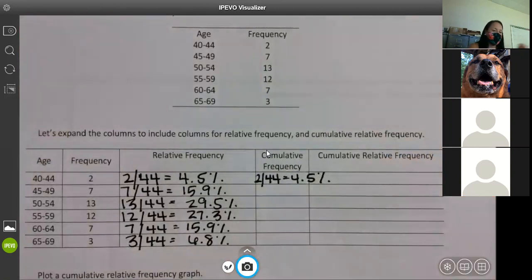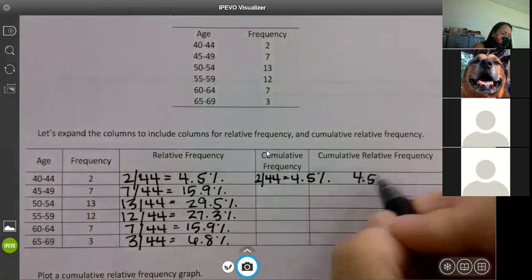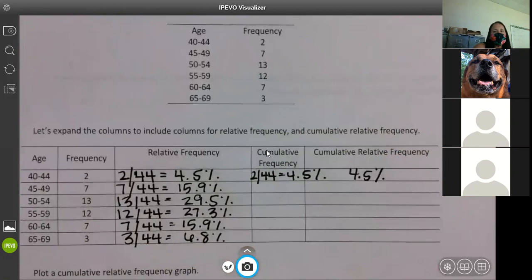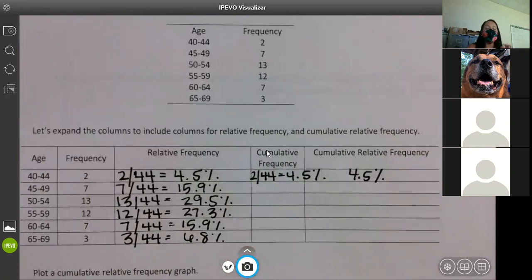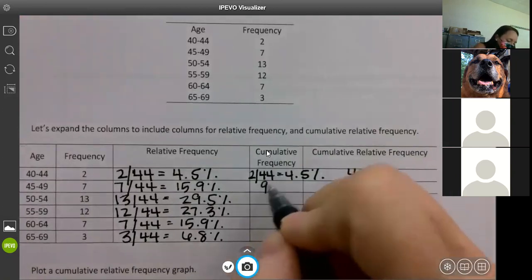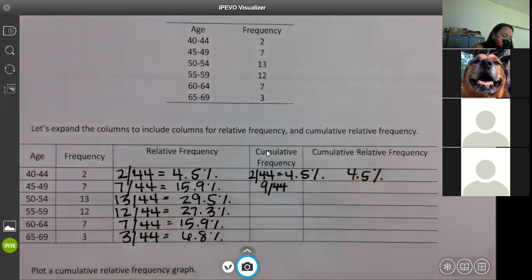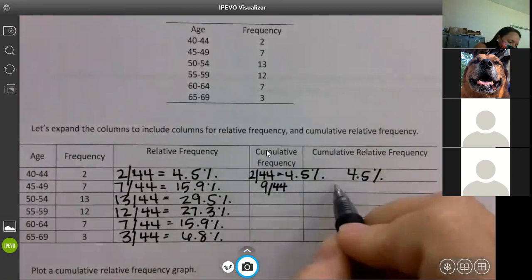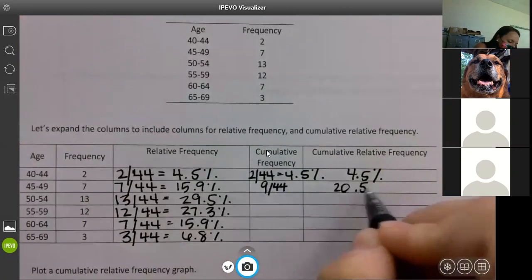Cumulative means you take the row that you're in and add it to the row below it. So how many presidents would be total in the first 2 rows? 9. So this one's going to be 9 out of 44. It's cumulative, you just keep adding it up, which gives you 20.5%.